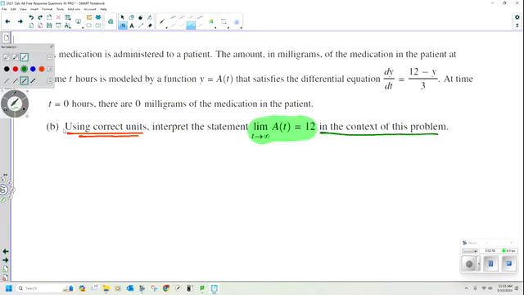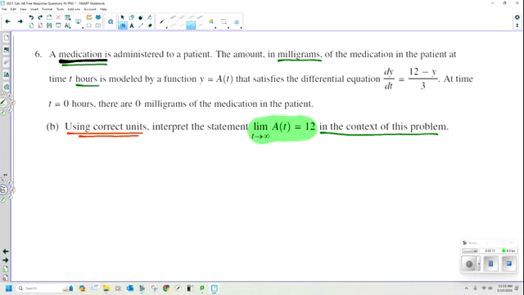That means we've got to reference medication, milligrams, hours, and milligrams of the medication still in the patient. All right, so that's the context of the problem.